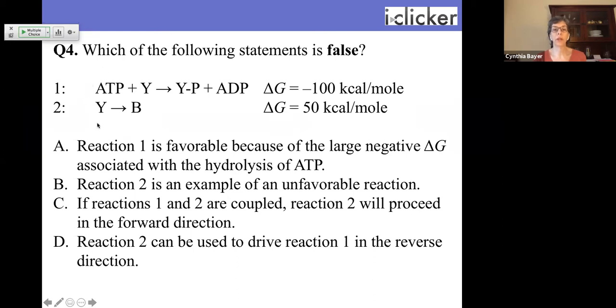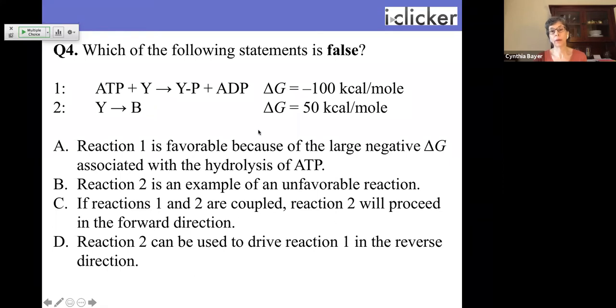If these two reactions are coupled, then reaction 2 can proceed in the forward direction. Right? And what we're seeing is that hydrolysis of ATP will phosphorylate Y, convert it to a high energy intermediate, and then in the condensation step, Y can be converted to B. So A, B, and C are correct, but reaction 2 can't drive 1 in the reverse reaction.